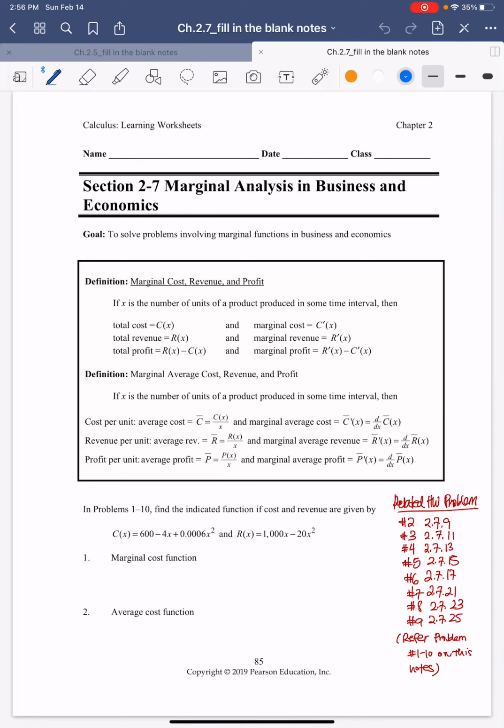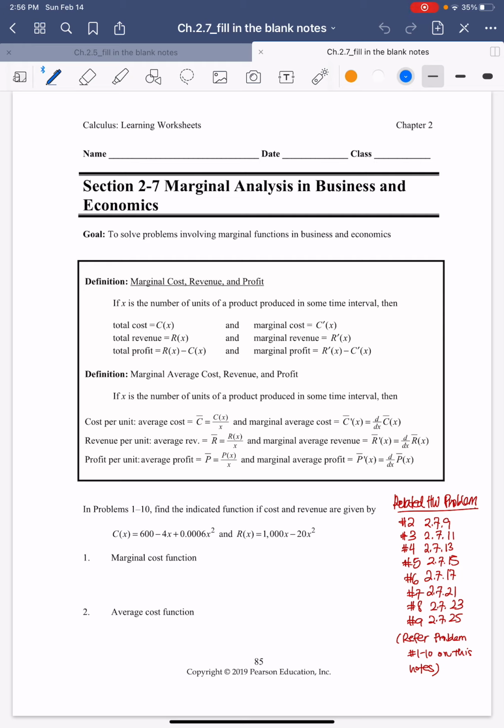In this video, we are going to go over section 2.7, which is marginal analysis in business and economics. The goal of this section is to solve problems involving marginal functions in the field of business and economics. If you have already seen the PowerPoints that were uploaded, there were a lot of definitions and terms.